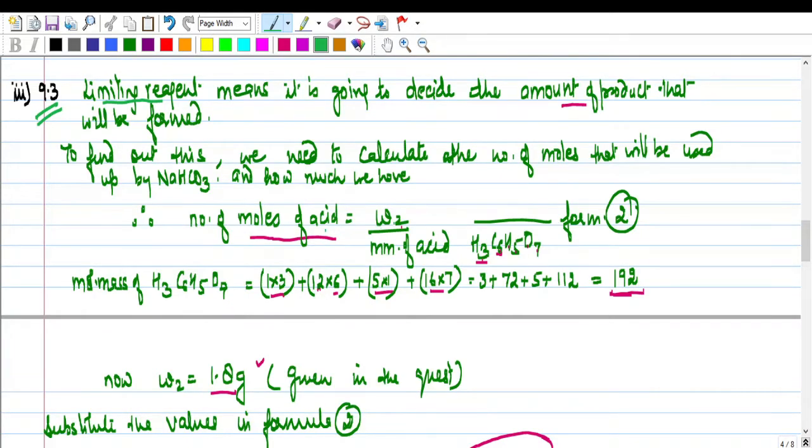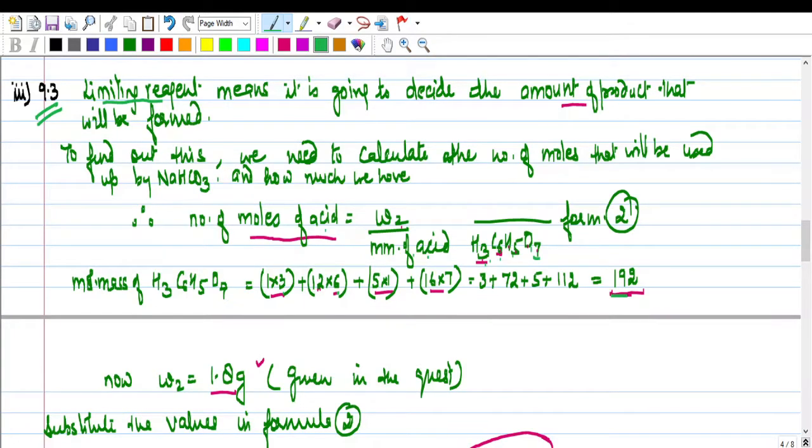So again, to find out limiting, we'll calculate the number of moles of acid. So it is weight of acid divided by molecular mass of acid. Now the formula is H3C6H5O7. H3 means 3 into 1 and C6 means 12 into 6. Why 12? Because carbon has atomic mass 12. Now 5 hydrogen atoms, each having 1 atomic mass, so 5 into 1. And likewise oxygen, 7 are there, and each oxygen atom has atomic mass 16, so 16 into 7.